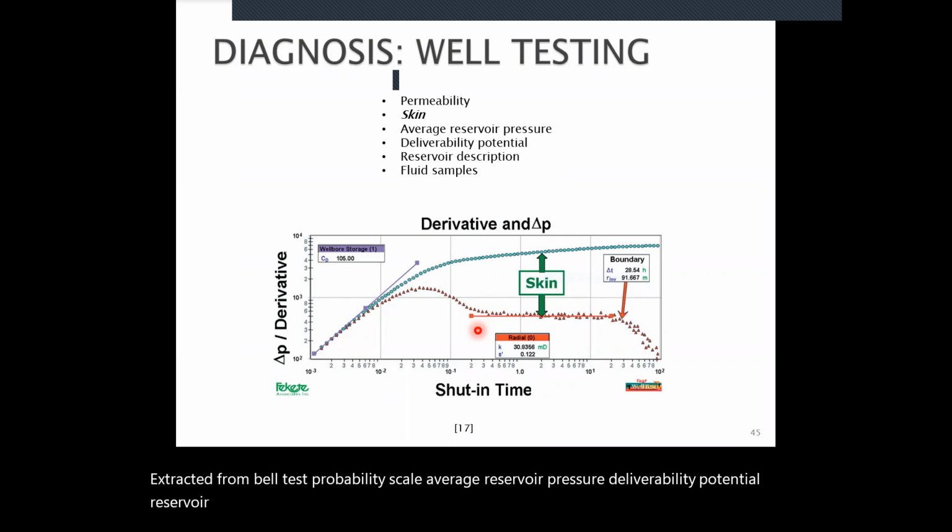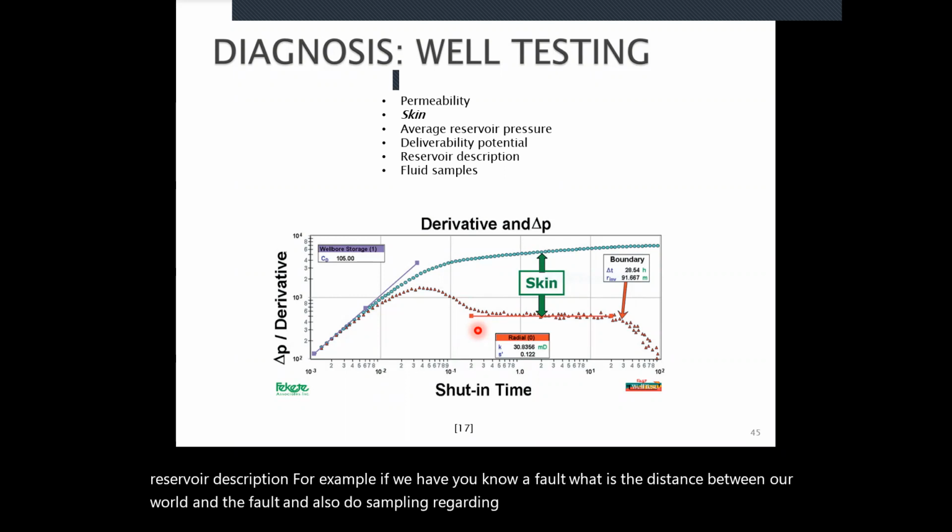For example, if we have a fault, we can find the distance between our well and the fault, and also do sampling. Regarding the skin, we can see whether the well is damaged or stimulated.